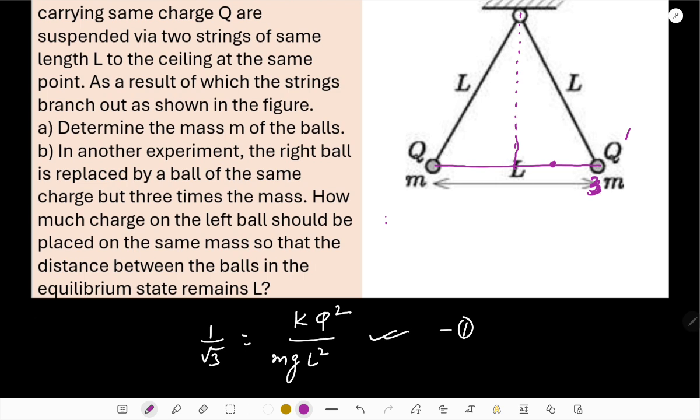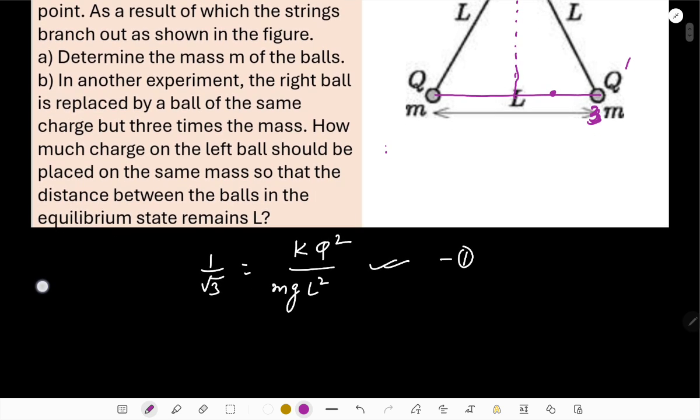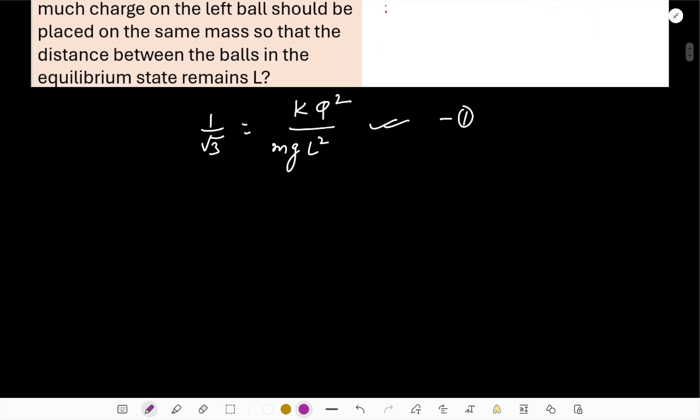That means this picture is going to change in the new case.